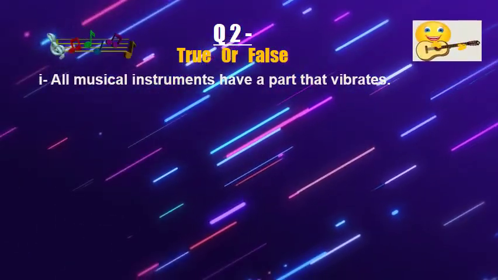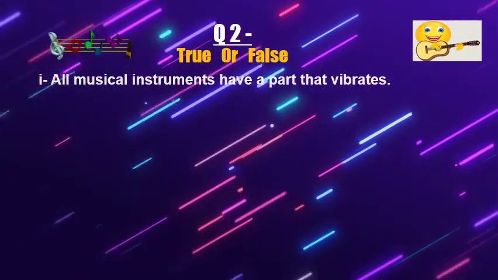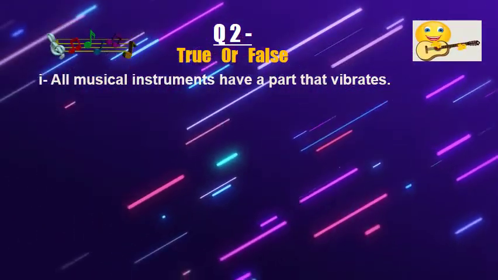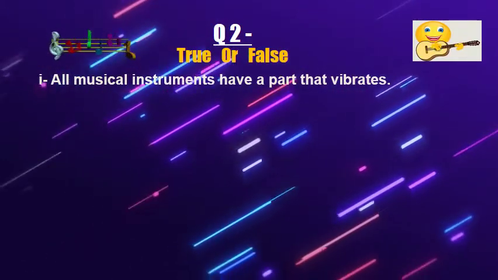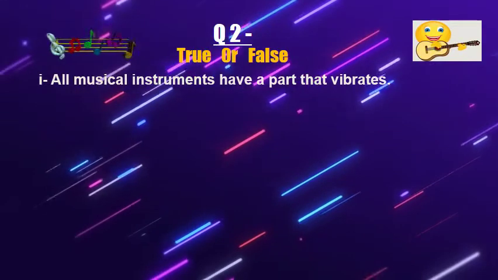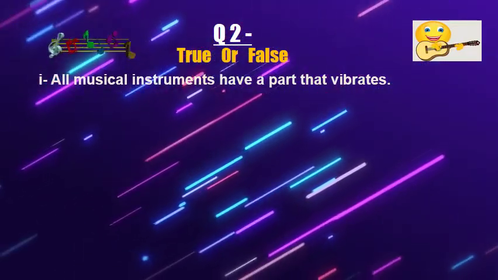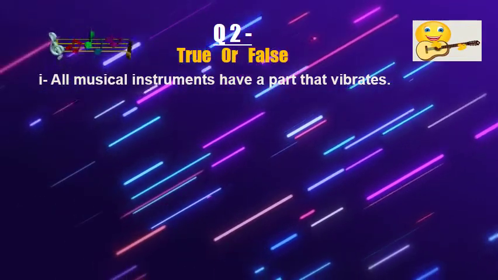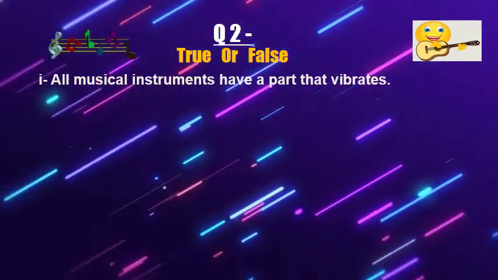We have our first question, that is, all musical instruments have a part that vibrates. Yes, think about that. Musical instruments are the instruments that give you a pleasant sound. And sound, how is it produced?